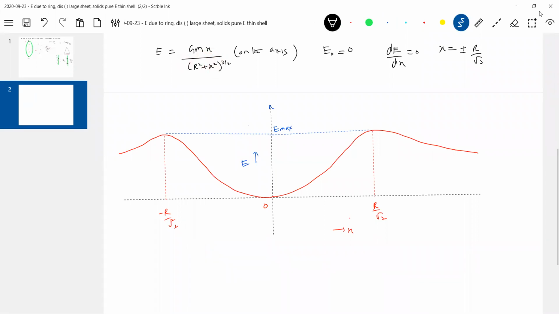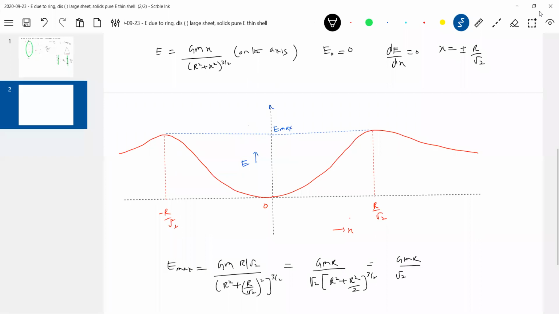So Emax will be equal to gm times r by root 2, over r square and so on. One r cube will come outside.